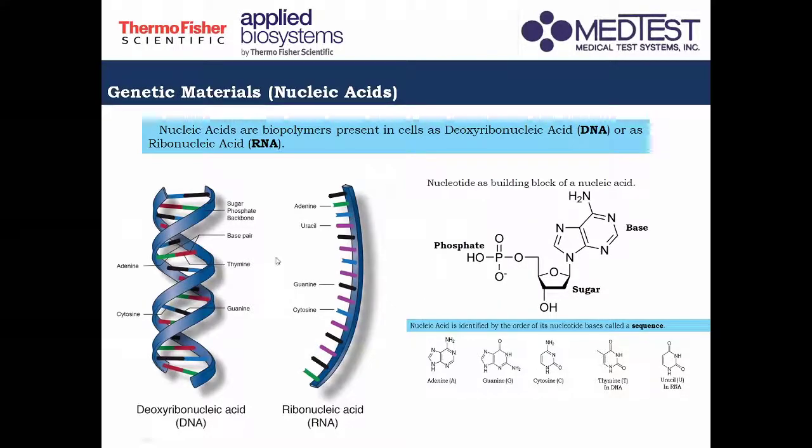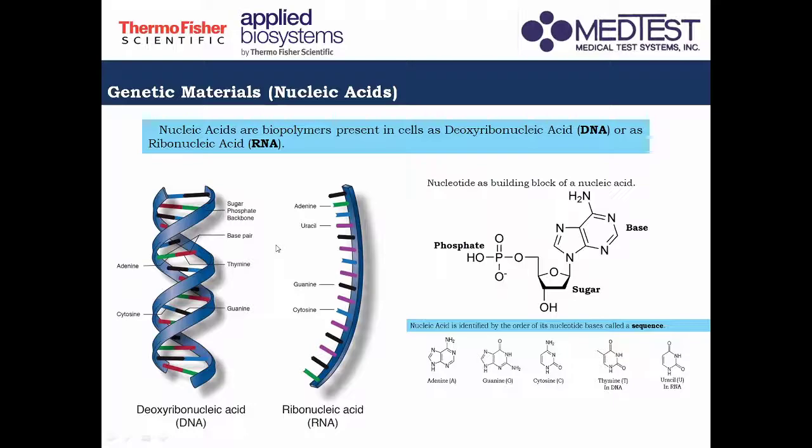So kung makikita nyo, I hope nakikita nyo yung cursor. So this is the structure of your DNA and compare it with the structure of your RNA. So pretty much they're both different. You can illustrate DNA as like a ladder, but the RNA is like half a ladder.